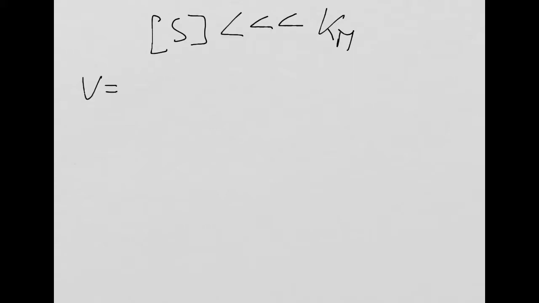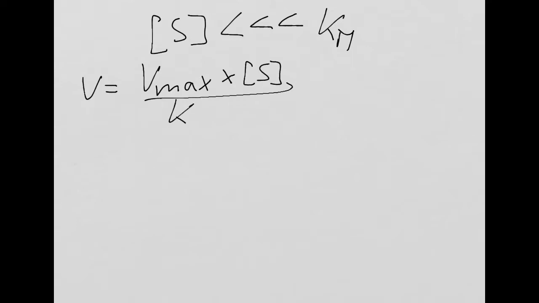Now let's have a look at the case where the substrate concentration is much, much smaller than Km. Let's write down our Michaelis Menten equation: V equals Vmax times S divided by Km plus S. What would happen to Km plus S?